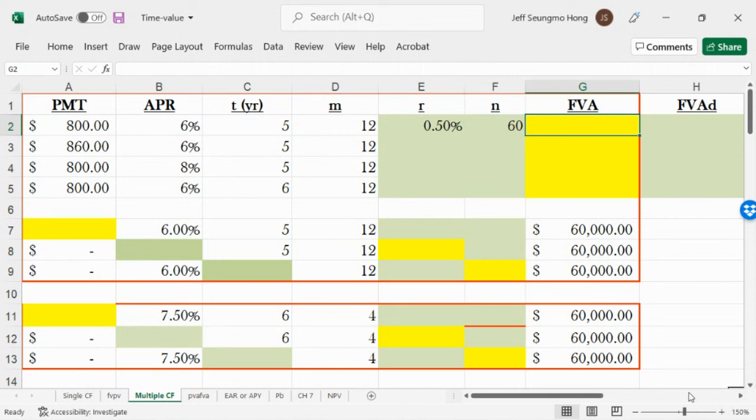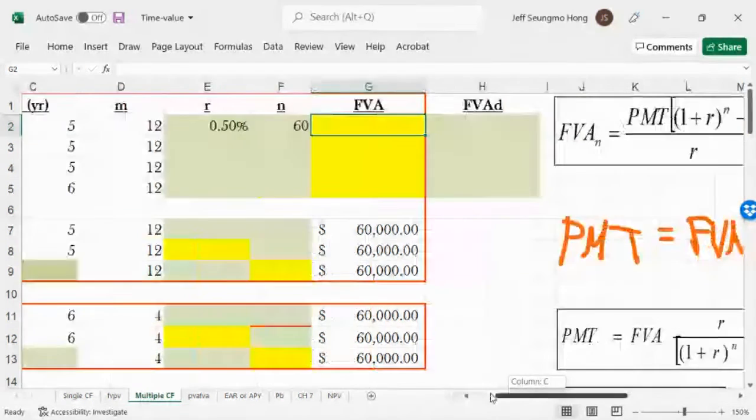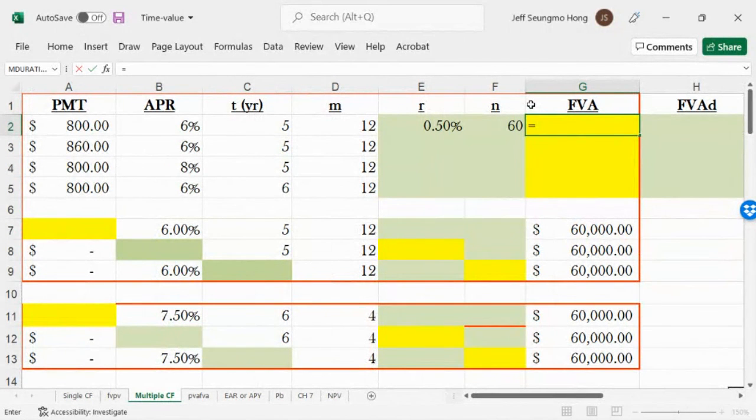And applying the formula, what was the formula? The formula is this: future value of annuity is equal to payment times, open parenthesis, and open one more, 1 plus R raised to n minus 1, close parenthesis, divided by R.